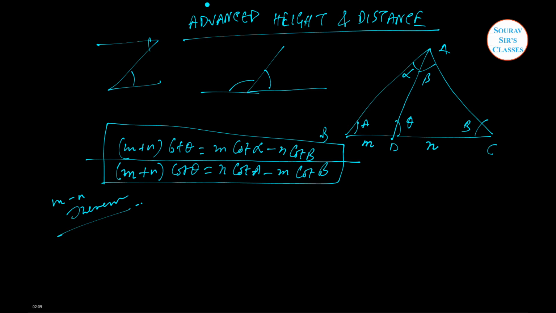Okay, let's start with the very first question of the day. So here they have given from the bottom of a pole of height h, and the height is h. Let me draw it first.